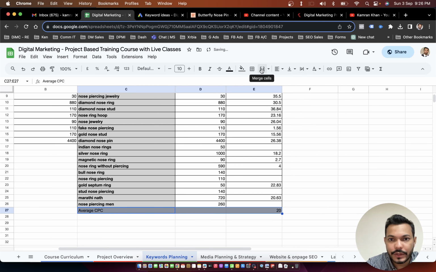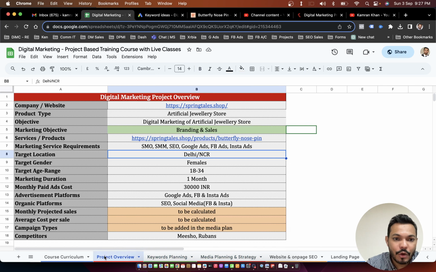That's how we usually do keyword planning for any marketing activity, and we'll be using the same bidding amount while doing the media planning. Media planning is where we'll talk about what all campaigns we need to add in the project, what campaigns we will be running, and how much budget we dedicate to each campaign.